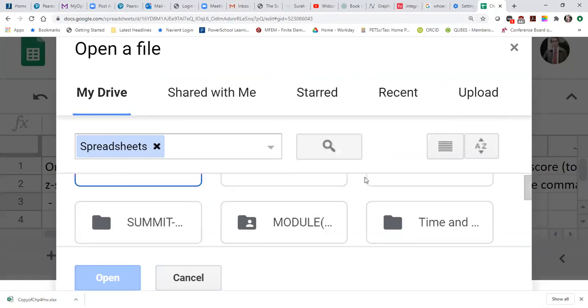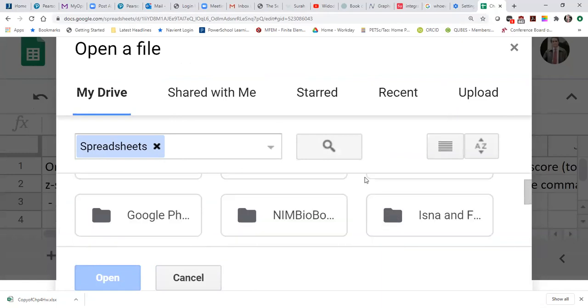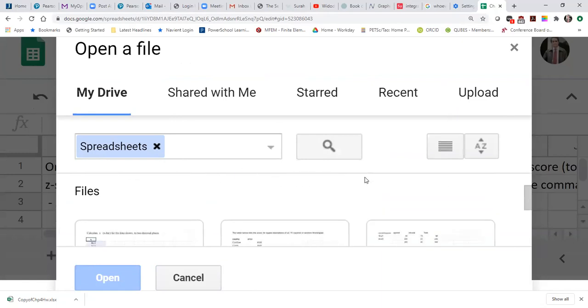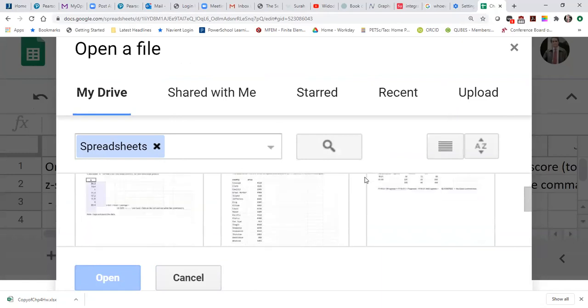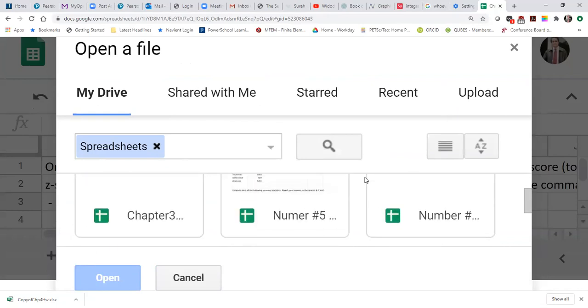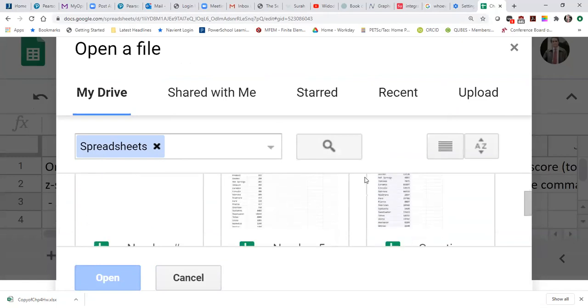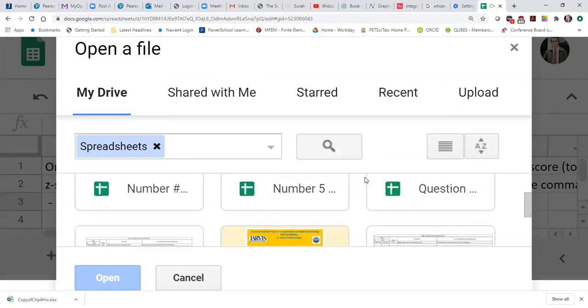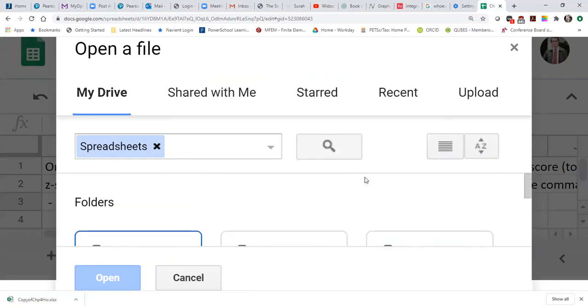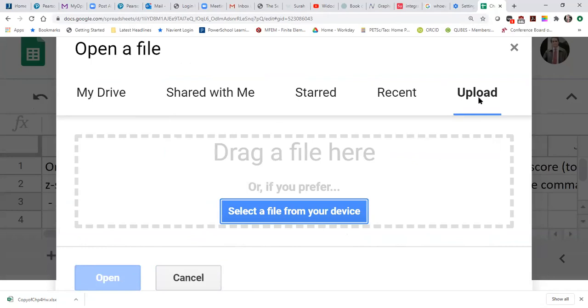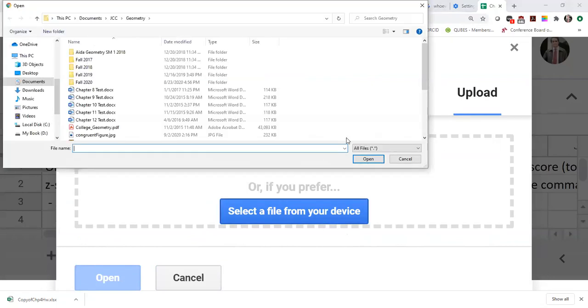I'm not sure we still have it. I think we never use the chapter 3 spreadsheet, right? Okay. Yeah, you can upload it from here. It should be better to download here.